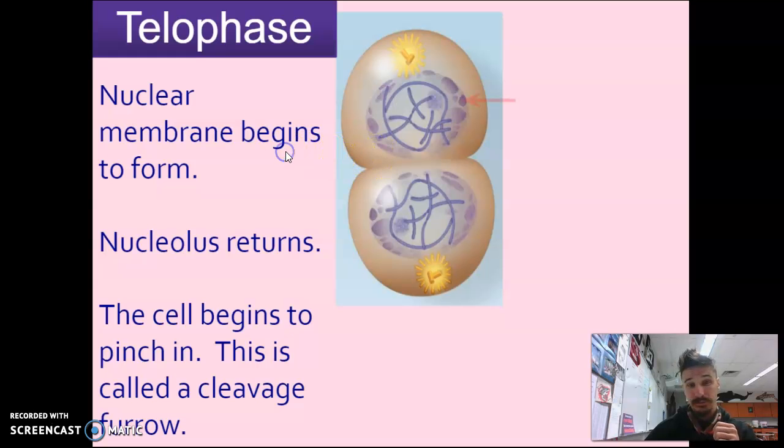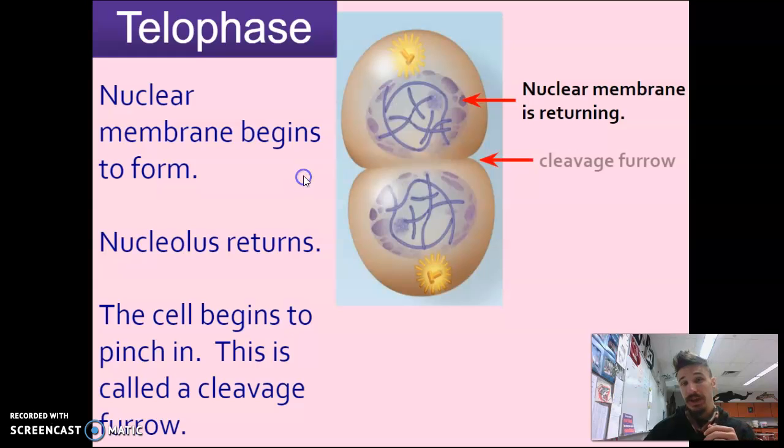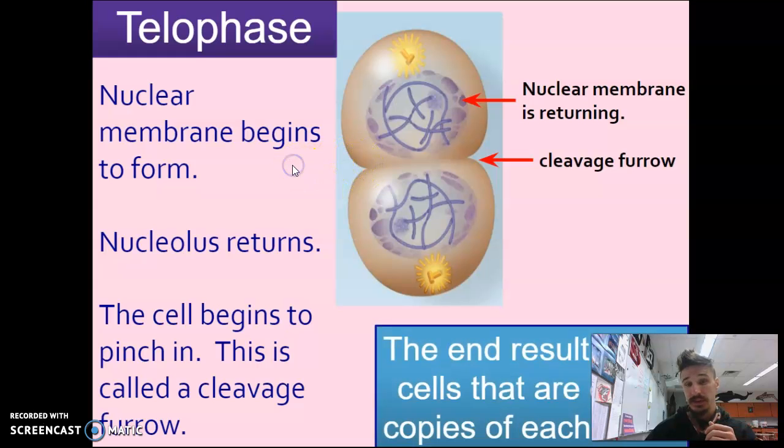So we have our nuclear membrane returning, we have our cleavage furrow, our pinching in of the cell membrane, which is a precursor to cytokinesis. And the end result is going to be two cells that are exact copies of each other, ideally. Remember, errors do happen, mutations in DNA can cause this to not be the case, but ideally the goal was to make one cell here be identical to this cell here.